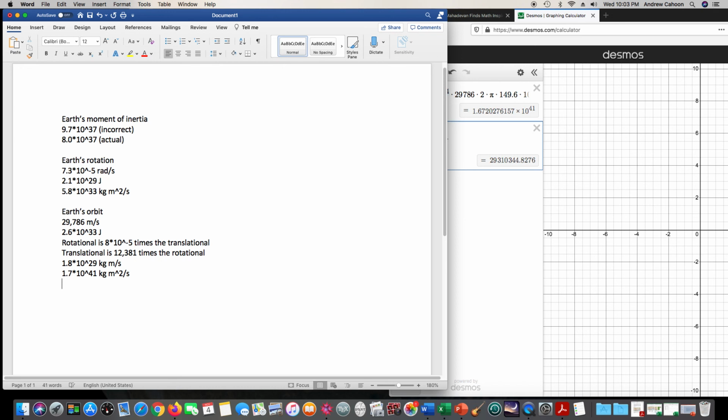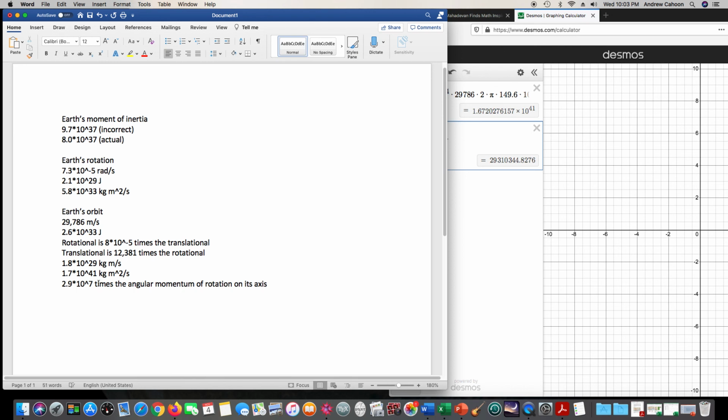So what will this be in scientific notation? 2.9 times 10 to the 7 times larger, or times the angular momentum of rotation on its axis.